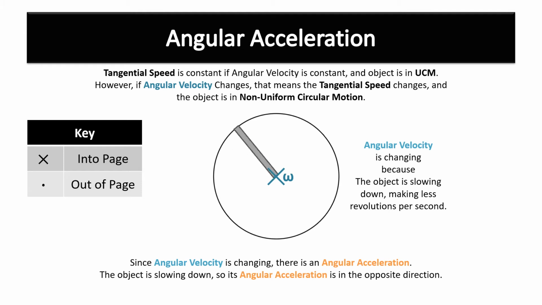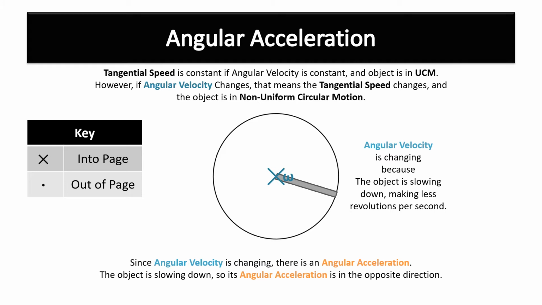And it says the angular velocity is changing because the object is slowing down, making less revolutions per second. Let's see what it looks like when it slows down. All right, so they're slowing down. Since the angular velocity is changing, there is an angular acceleration. The object is slowing down, so its angular acceleration is in the opposite direction. Remember we said how if the acceleration is in the opposite direction of the velocity, you slow down?